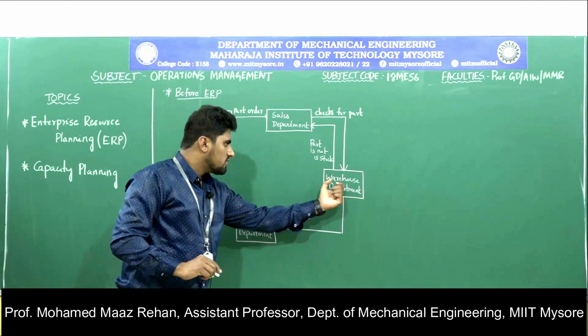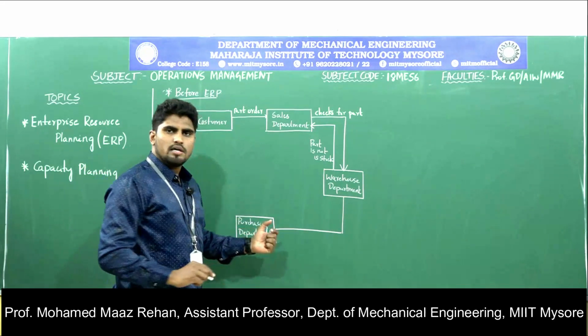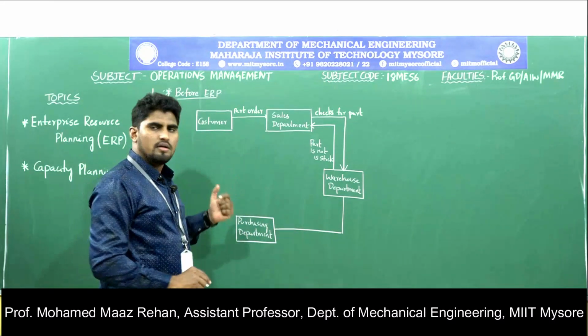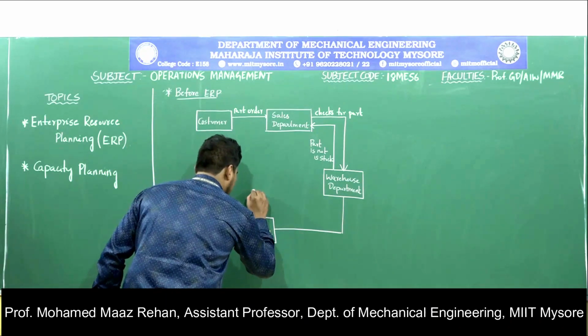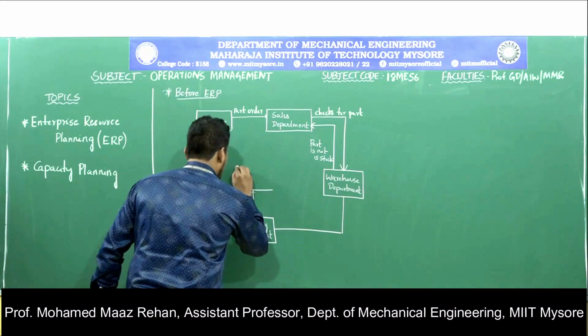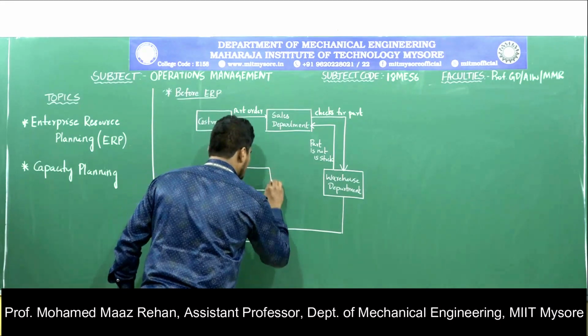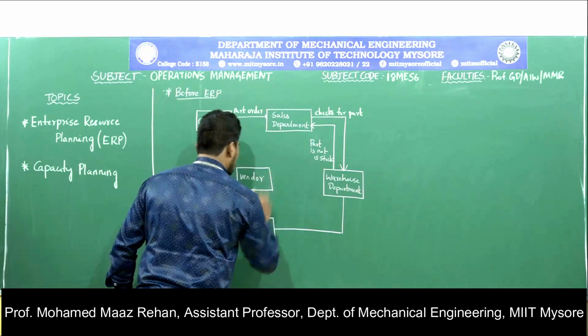So the warehouse department tells the purchasing department to place an order for the product. This purchasing department will call the vendor and inform the vendor, I need so and so product.